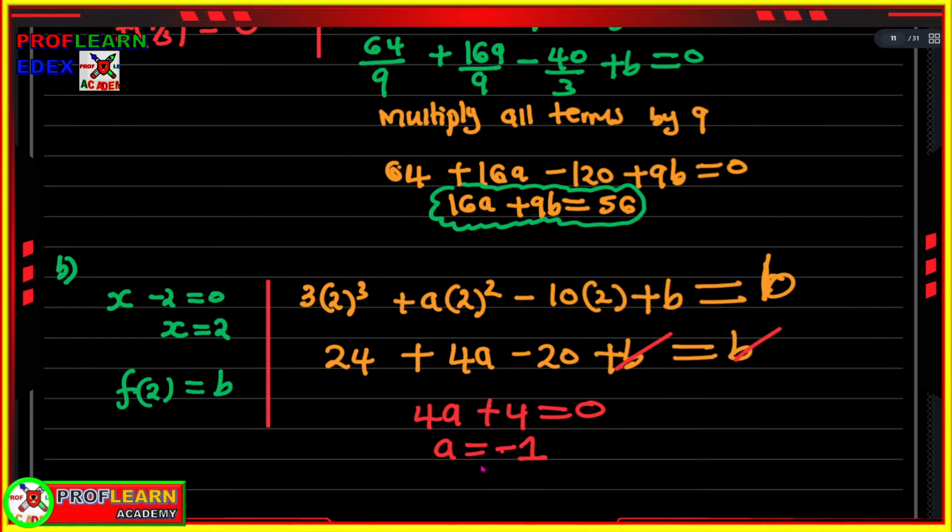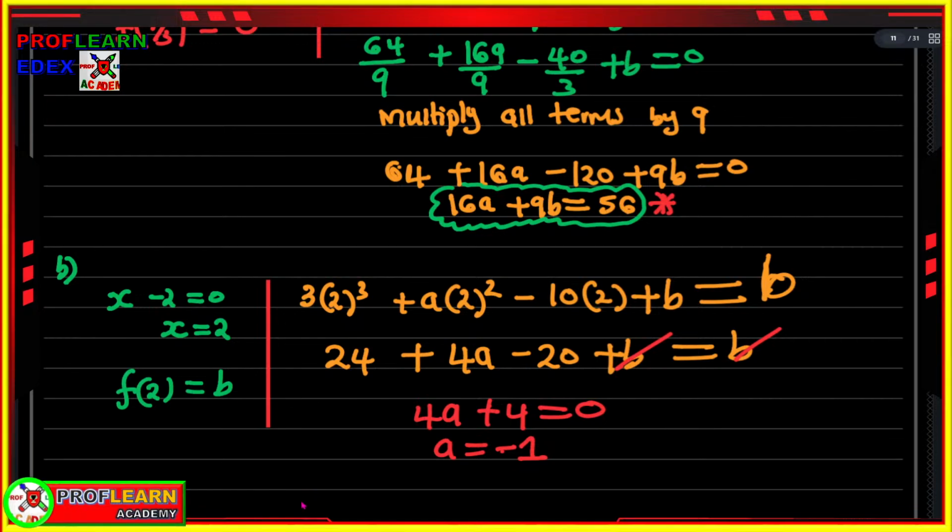Now for us to find the value of b, we are going to substitute the value of a that we have gotten into the equation that we had formed here. So we are going to find the value of b there.